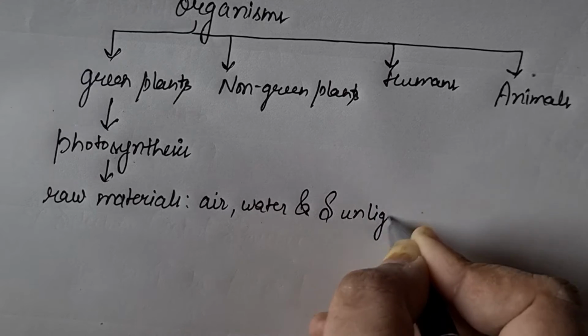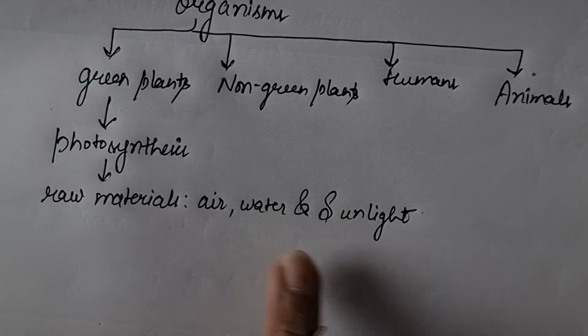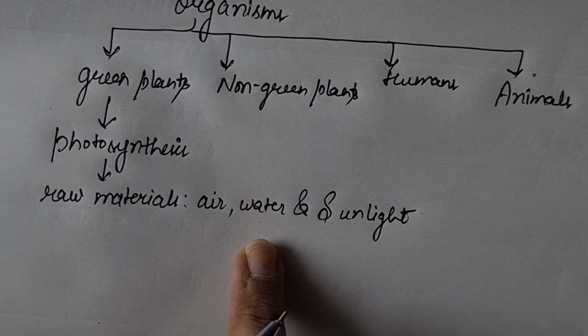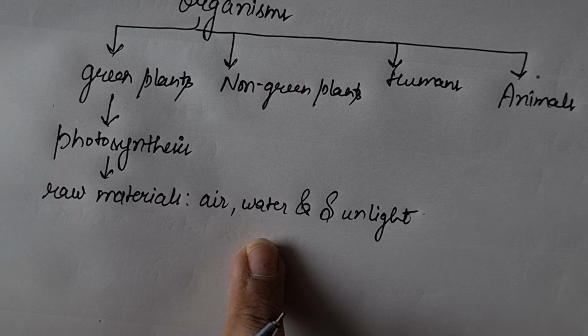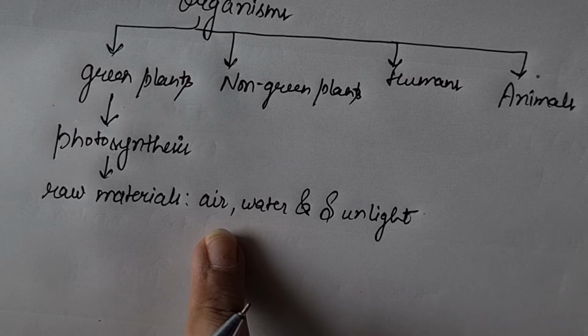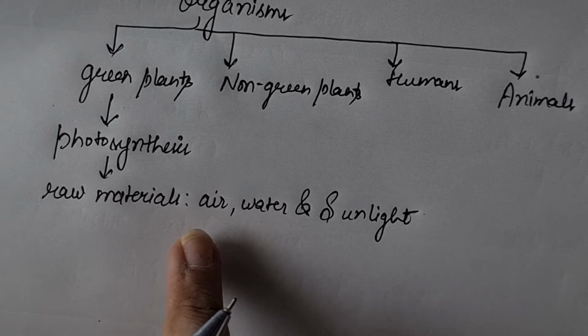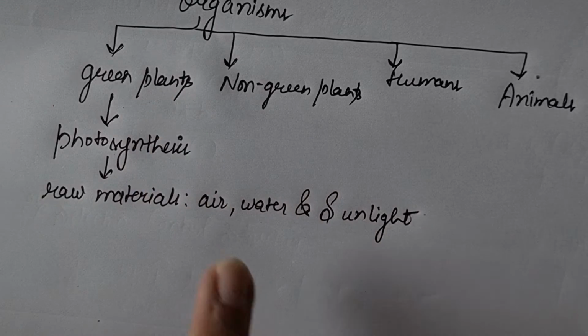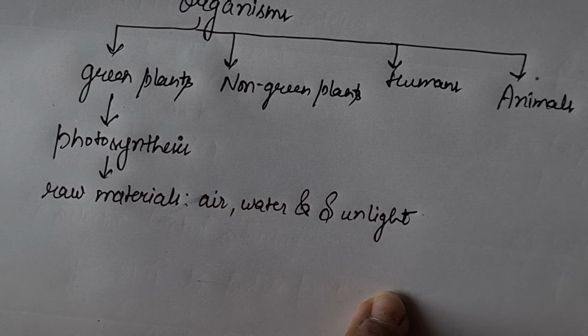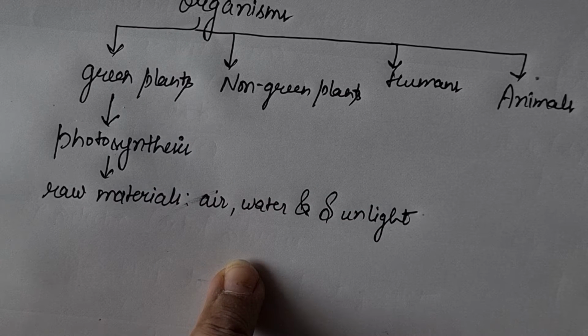So sunlight comes from the sun, water comes from the lake, pond, or we can give water to the green plants. Air is always present in the environment. So green plants take these raw materials with the help of chlorophyll or stomata.